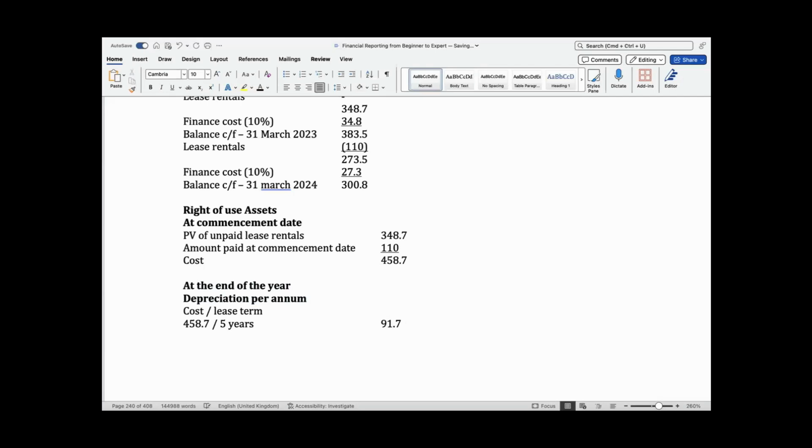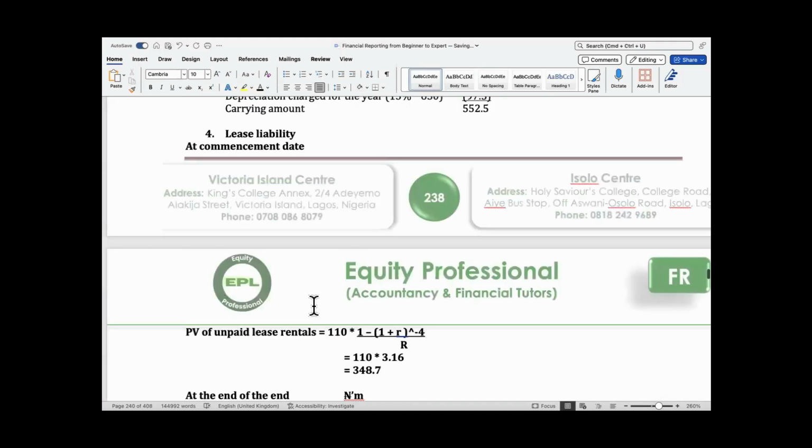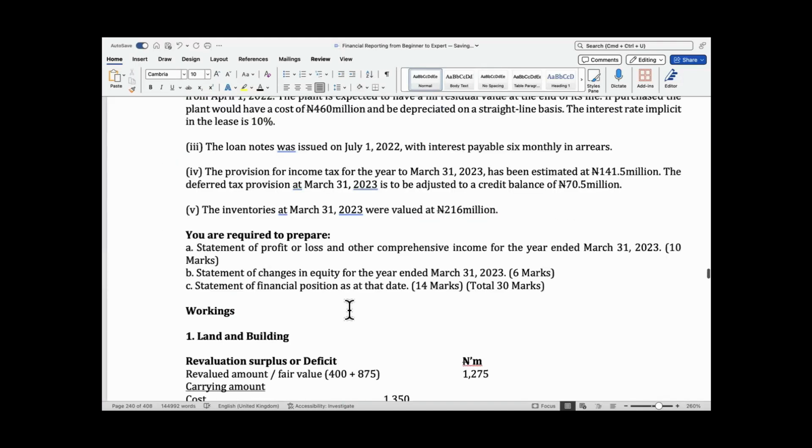So my carrying amount is the cost, which is 458.7 minus accumulated depreciation of 91.7. So how much is that? 367. Okay, now I'm done with that workings. See, this is not outside of what you should know, except if you have forgotten. I have taught you all of this. So this is just it being applied here. So that's the end of this.